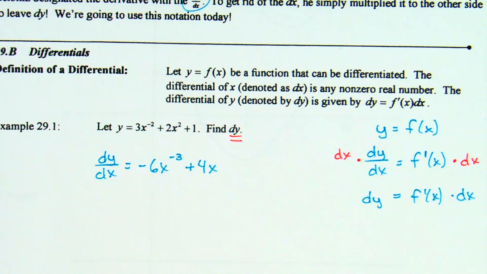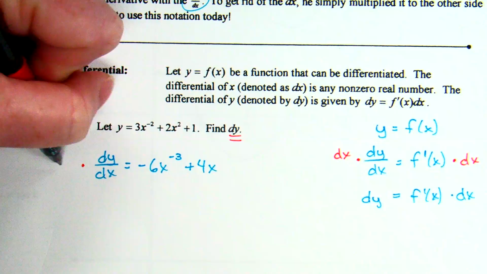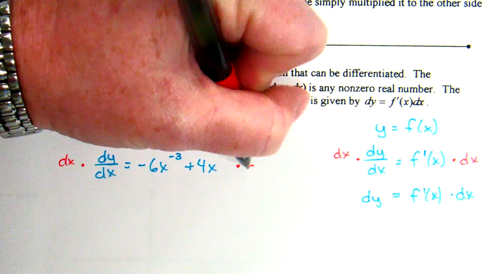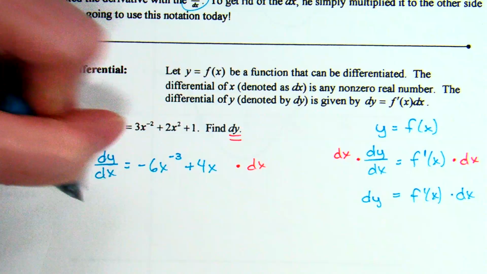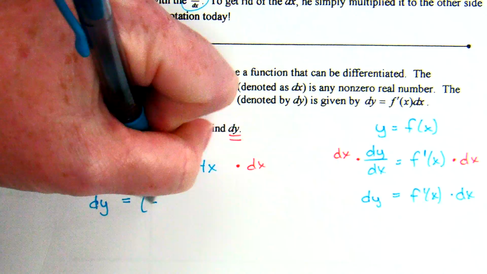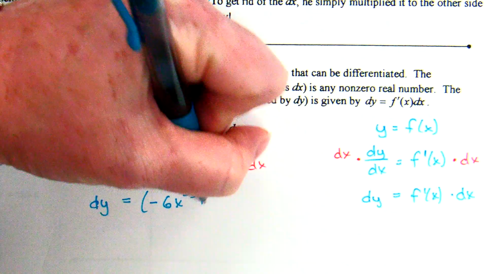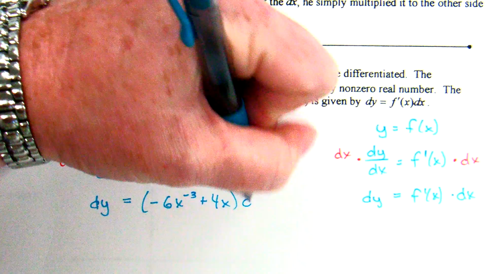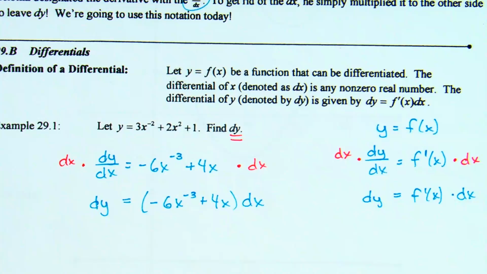Now, this question specifically asked us to find dy. How do I find dy? Multiply by dx. If I multiply the left by dx, multiply the right by dx. A couple of different ways we can write this. One option is to write times dx at the end, putting the whole thing in parentheses: negative 6x to the negative third plus 4x, times dx. That would be one way to write it. Another way is to actually distribute that dx.